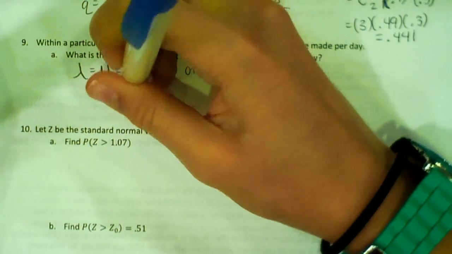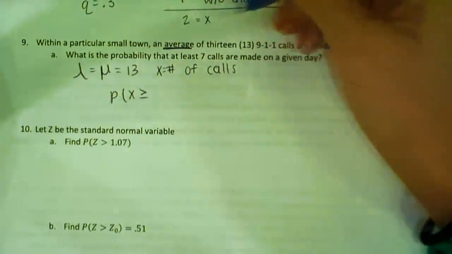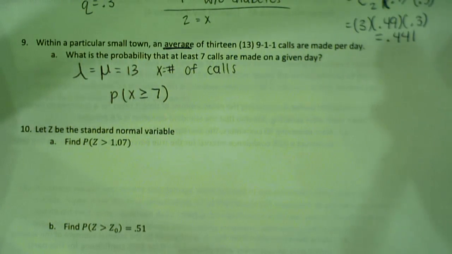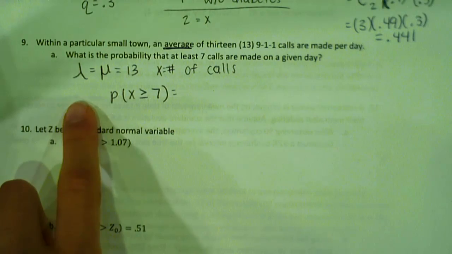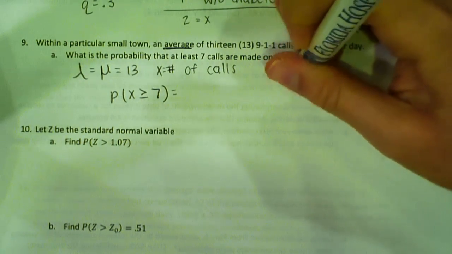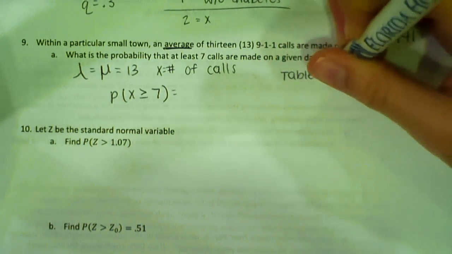So we want to find the probability that at least 7 calls are made on a given day. So, right, greater than or equal to? Has to be 7 or more. So this one, we could use our tables, right? The only thing is, what values do the tables give you? Yes, I heard someone say it, less than or equal to.